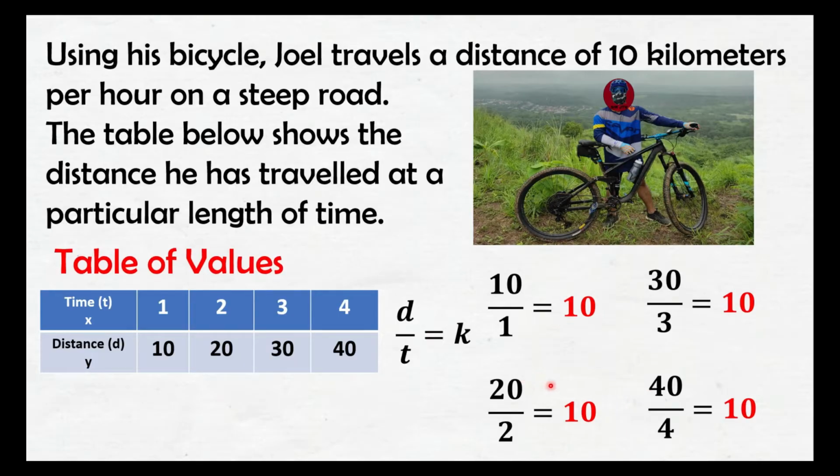So, given yung mathematical statement natin kanina na d equals kt, makuha natin dito yung pinaka-equation natin by substituting itong nakuha natin k dito sa mathematical statement natin. So, papalitan lang natin si k dito ng nakuha natin 10. So, magiging siyang d equals 10t. So, bakit natin kailangan kunin yan?